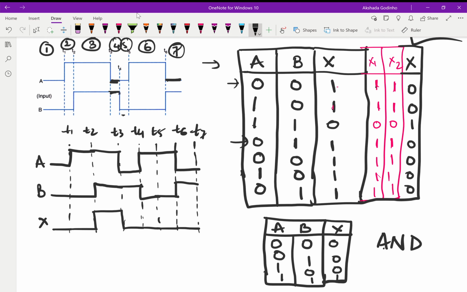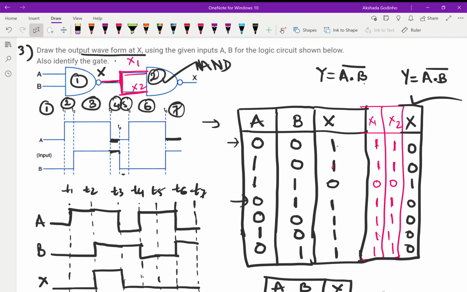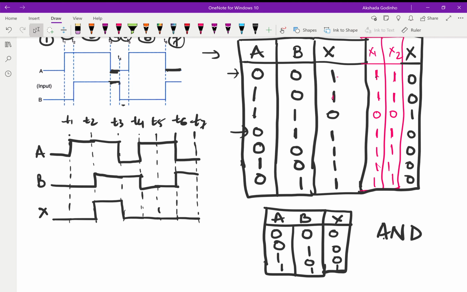So that's it. If we are asked, I think in this question we have been asked to also identify the gate. So this is how you're going to write. It is an AND gate. And if you're asked to draw the symbol, you will draw the symbol. You will show this as A, B, and you will show it as X. It's AND gate.